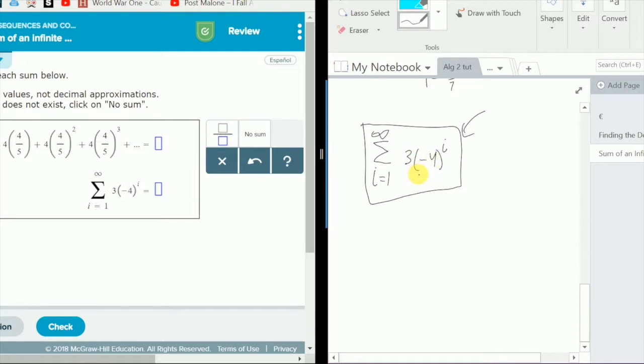So the number in the parentheses right here is -4, so r is equal to -4. Now the absolute value of -4 is 4, and 4 is not less than or equal to 1. Which therefore means this will have no sum.